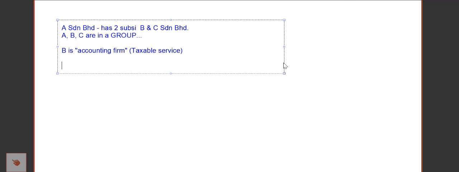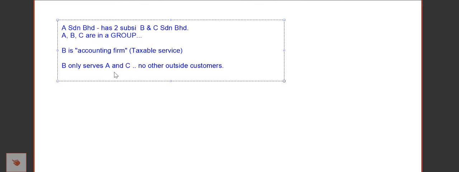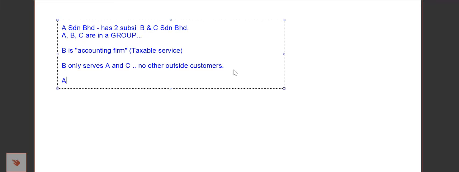Now, B only serves A and C, no other outside customers. So if you only serve A and C and you don't serve outside customers, then the accounting services are not taxable, so you will not have service tax.